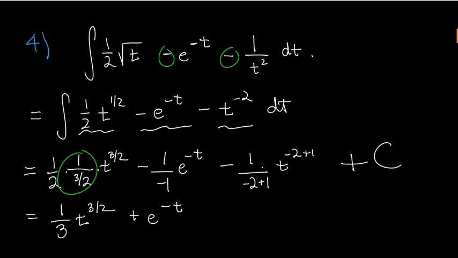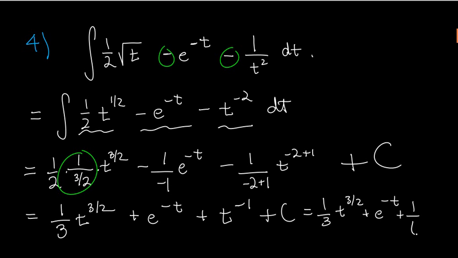And we have 1 over negative 2 plus 1, that's 1 over negative 1. Again, that's going to become plus t to the minus 1 plus c. And so if you want to simplify it, you get 1/3 t to the 3/2 plus e to the minus t plus 1 over t plus c. And there's your answer. All right?